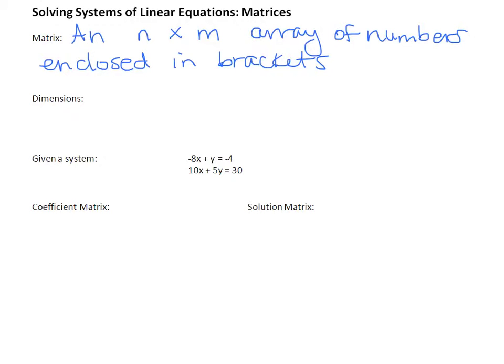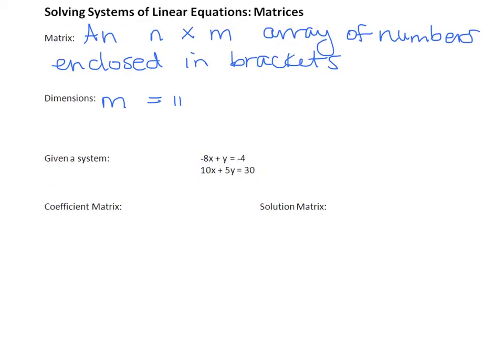And the dimensions of the matrix show you how big it is. M is the number of rows, and N is the number of columns.